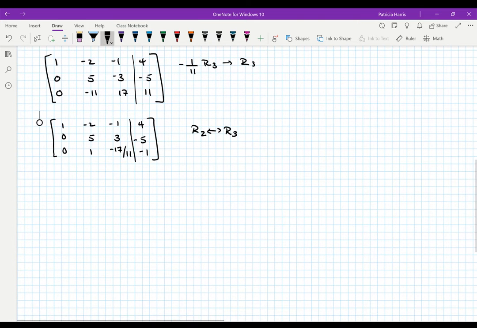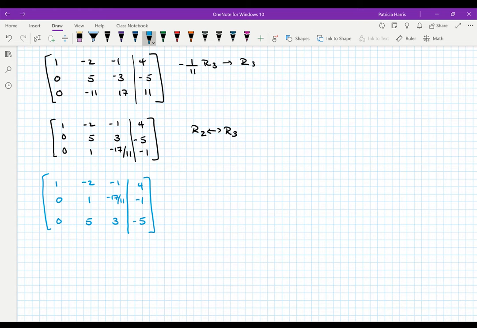Okay. Now I'm going to multiply row 2 by a -5, add it to row 3 to get a new row 3.